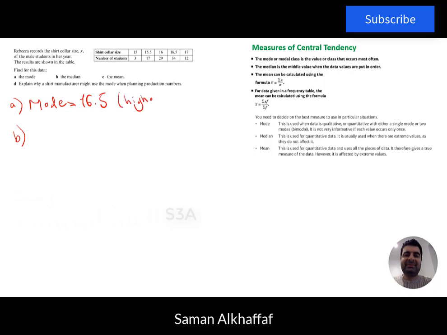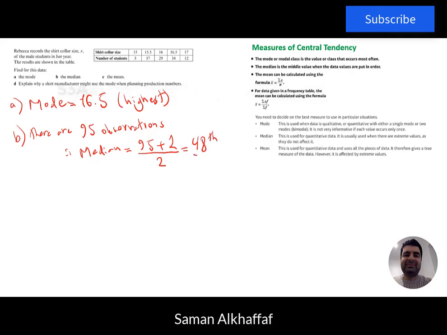Now for part B we need to find the median, so there are 95 observations in the scenario, and therefore the median will equal 95 plus 1, and that will be divided all over 2, and that will be equal to 48, which will be the median position for this part.